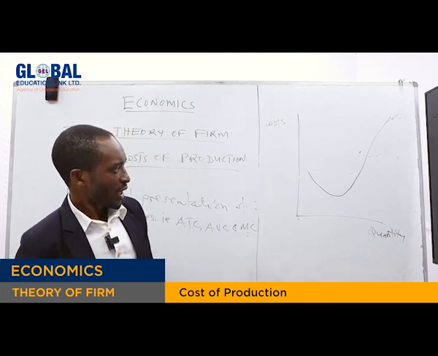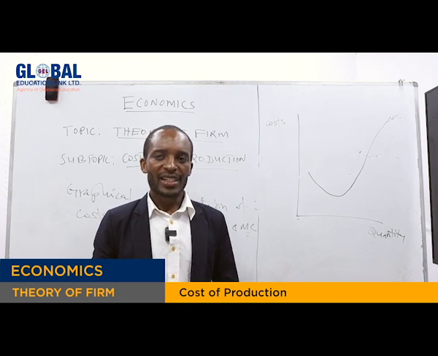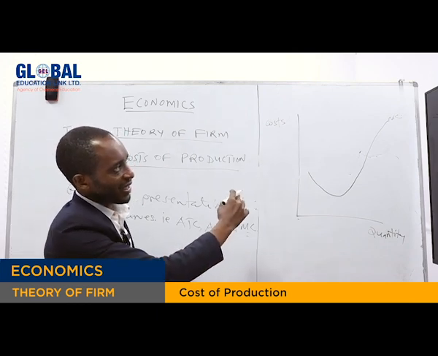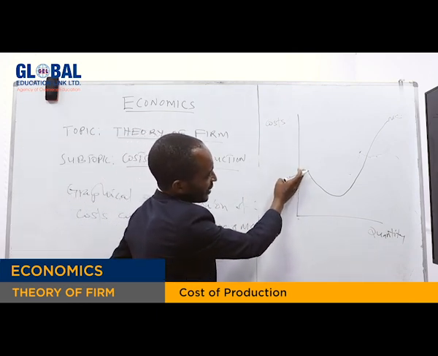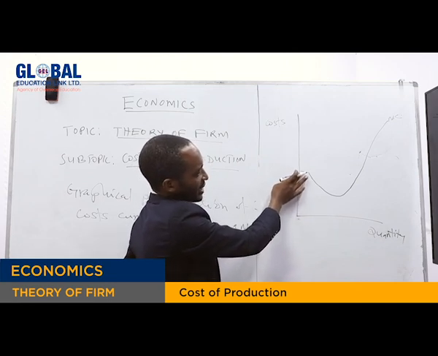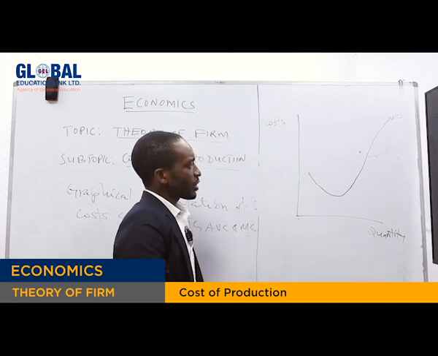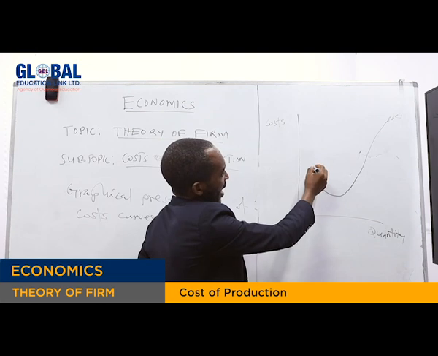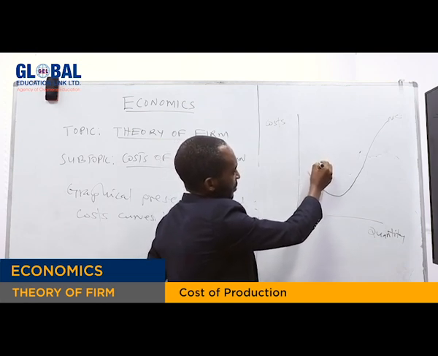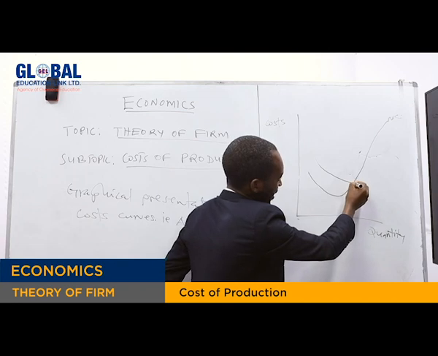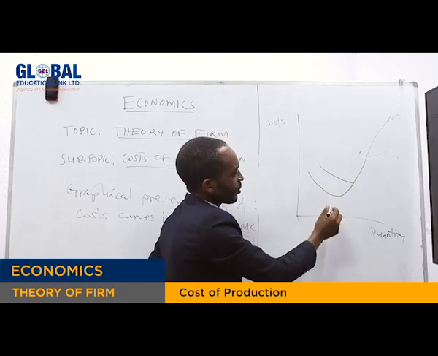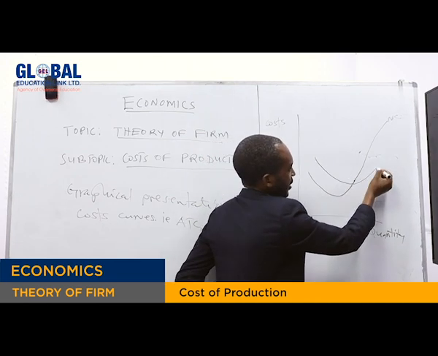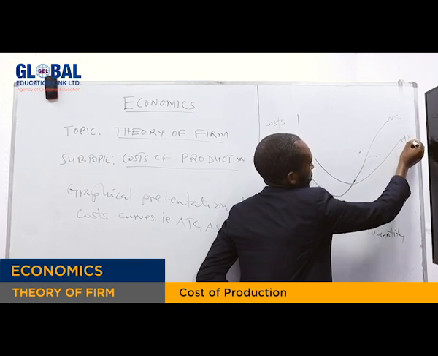Then you can draw the average total cost. The average total cost will be greater than marginal cost. At the beginning, when the marginal cost is declining, the average cost will also be declining, but above the marginal cost. When it meets the marginal cost, the average total cost will start to rise. So this point is where marginal cost is equal to average total cost.